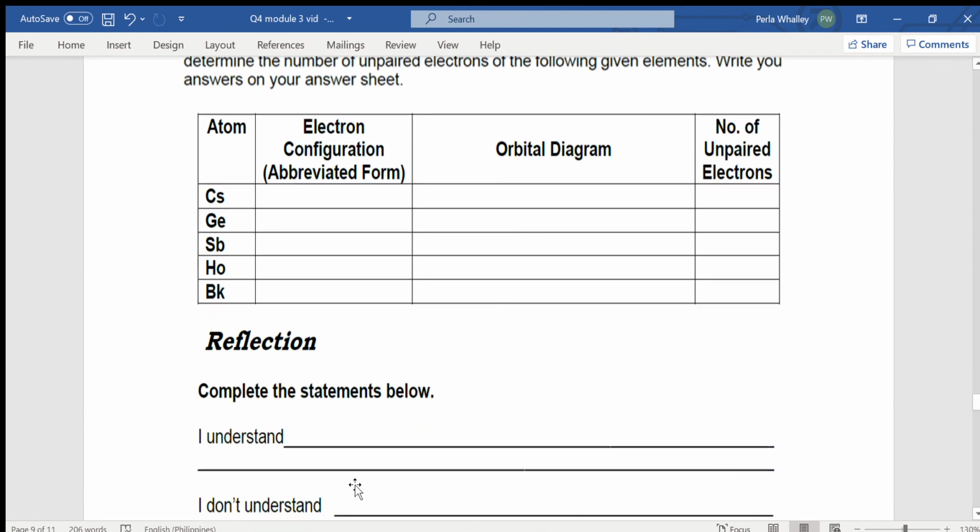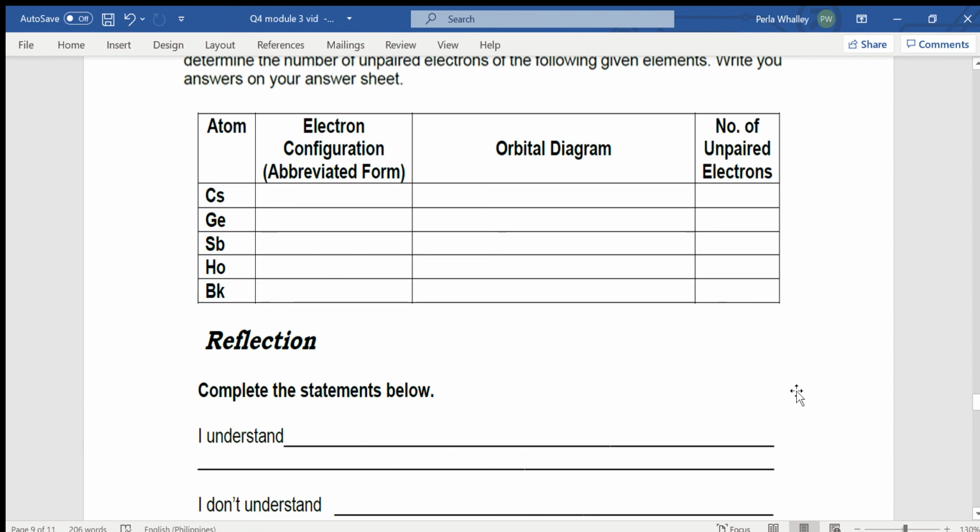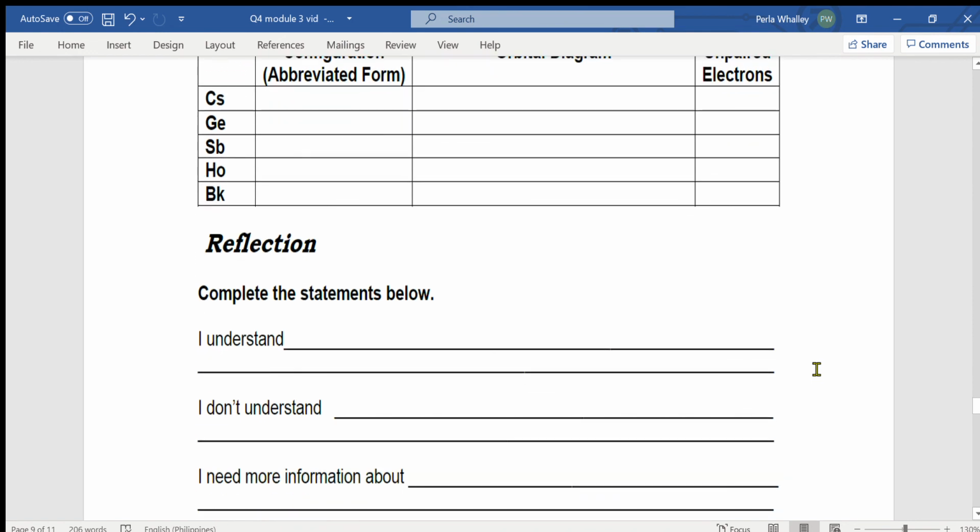Next, reflection. Complete the statements below. This is the third task that you will have to answer. I understand what, I don't understand what, I need more information about, so that I will know which one you understand, which one you do not understand, and where you need more information.